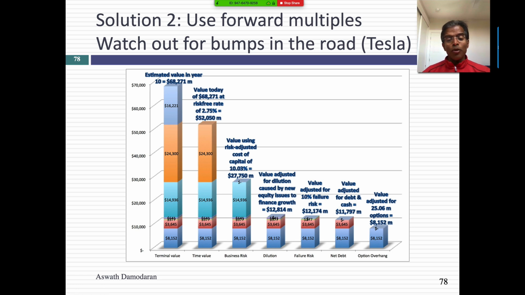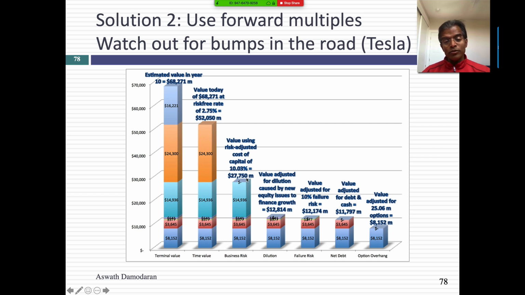So often when you use forward multiples, you're getting a value way out in the future. You got to discount it to today using your cost of capital. But even that's not quite the value today because remember, to get to that end game, I've got to come up with cash flows for those first 3 or 4 years where I have negative cash flows. So when I adjusted for those negative cash flows, and this is what happens automatically in your DCF, but you have to do it explicitly when you do pricing, I've taken the present value of my negative cash flows for the first 4 or 5 years.